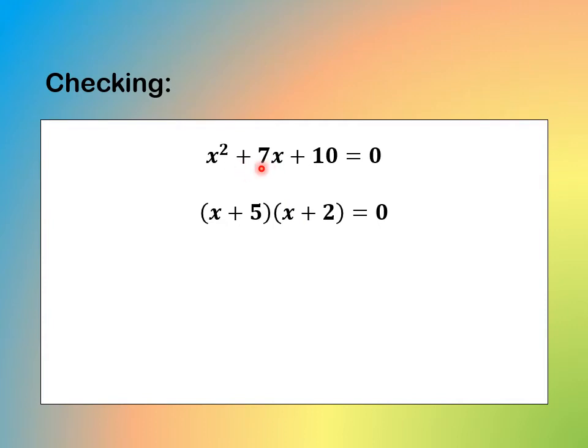Since ang sign ni 7x ay positive, kaya ang sign ng binomials natin dito ay parehas na positive. So, we have the factors of x squared plus 7x plus 10 is equal to 0 of the quantity x plus 5 times the quantity x plus 2 is equal to 0. Now, by using the zero product property, we need to equate each factor to 0.